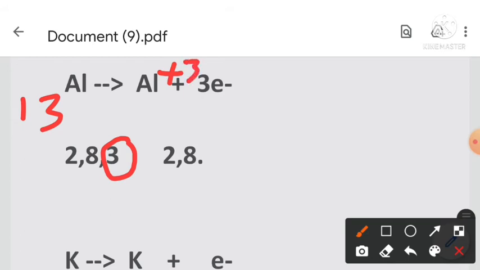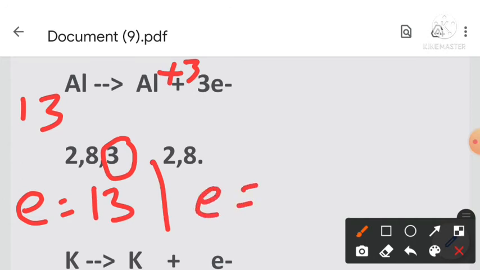In the aluminium atom, the electrons are 13, whereas in the aluminium ion the electrons are 10, because it loses 3 electrons from its outermost shell.